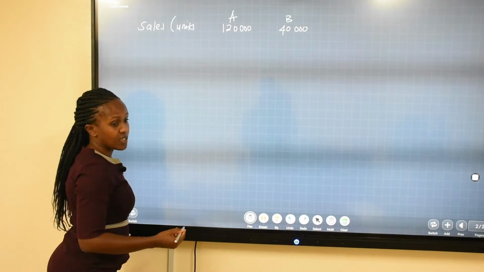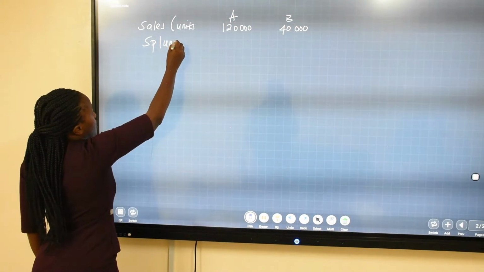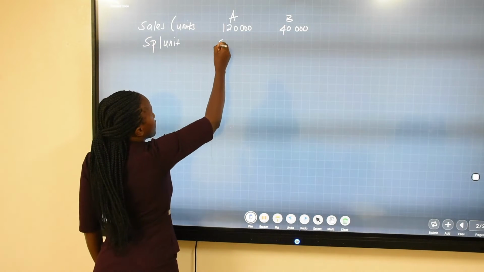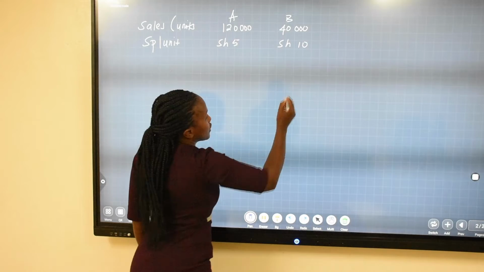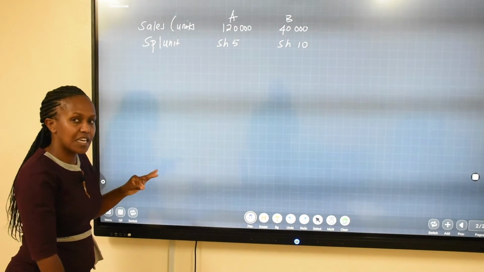We can also recall that the selling price per unit was shillings 5 and shillings 10. So this time we want to get the weight, but in terms of sales value.